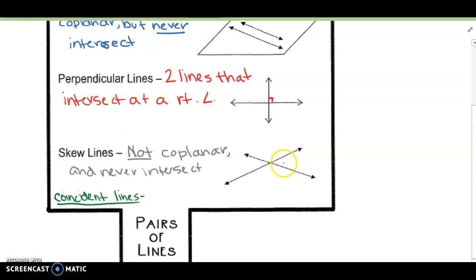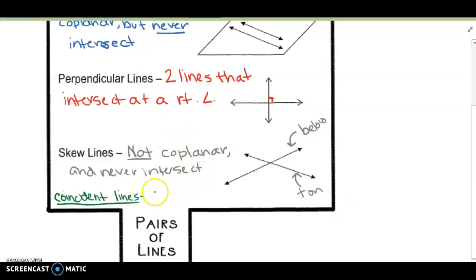Okay, this diagram can be a little bit confusing because when we look at this, it looks like they intersect at this point here. But really they don't. Think of this as maybe this line is below this line, which is on top. So maybe in space, if you're looking down or looking up, they look like they cross, but if you get really close to them, there's actually space between them and they really don't intersect.